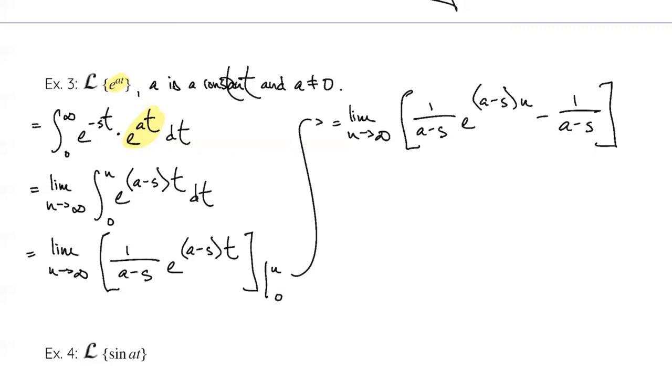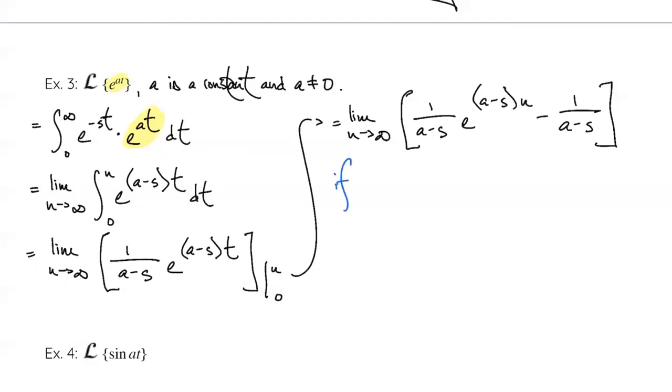All right, now like before, whether it converges or diverges is going to depend on the value of a minus s. Before it was just c, but now it's whatever that value is that's going to help us determine whether it converges or diverges.